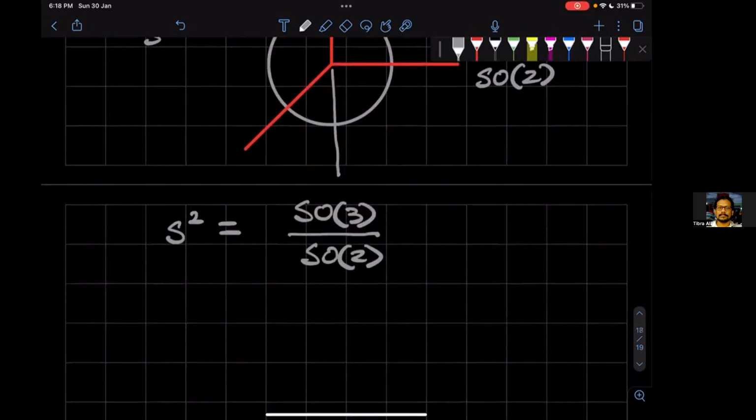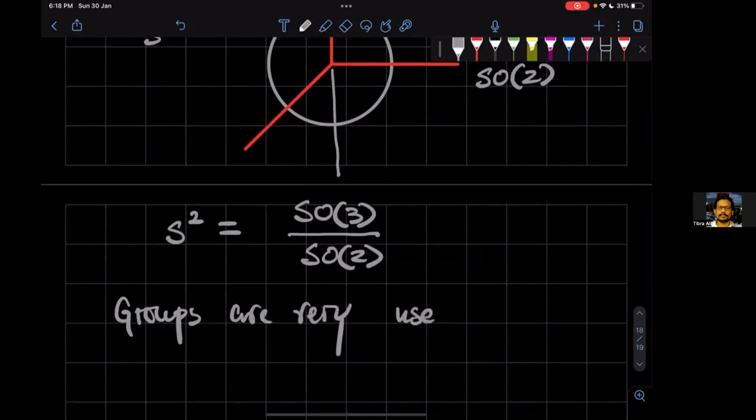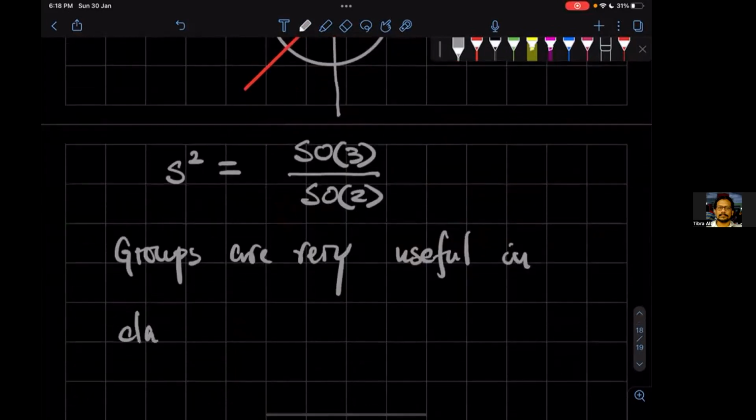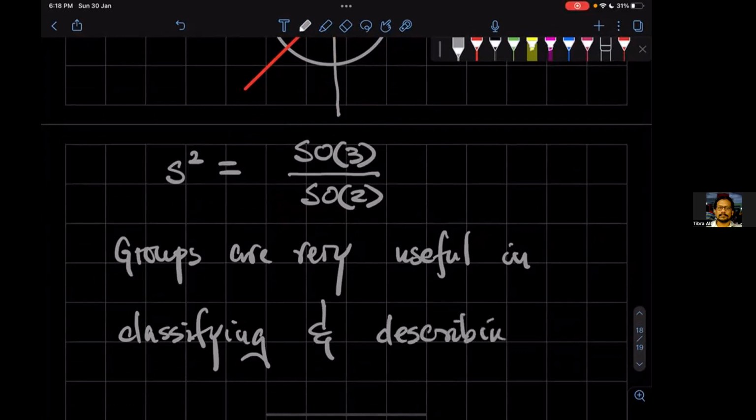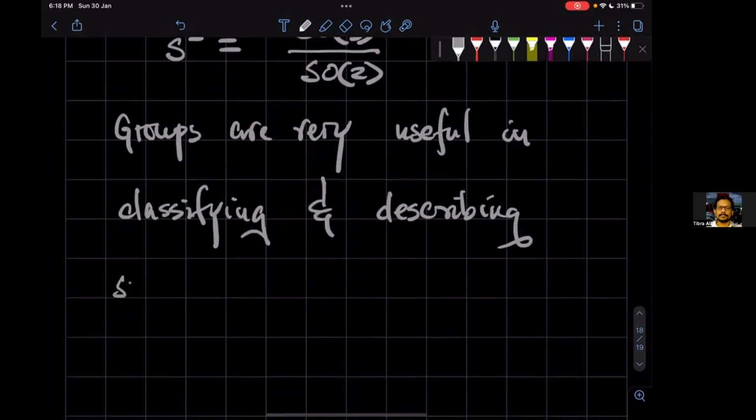So we see that these groups are very useful in classifying and describing symmetric spaces. The sphere is an example of a symmetric space. It's a space with lots of symmetry.